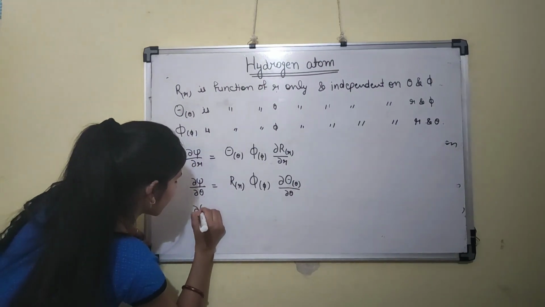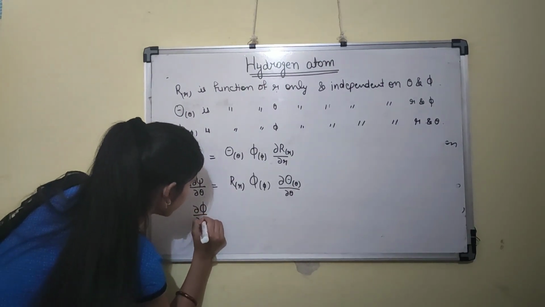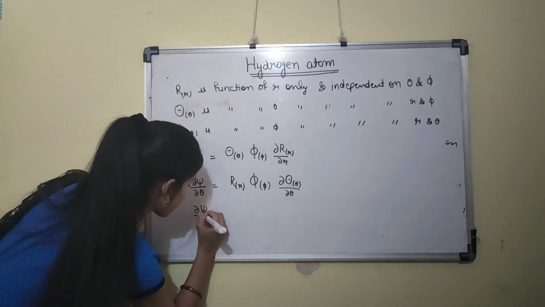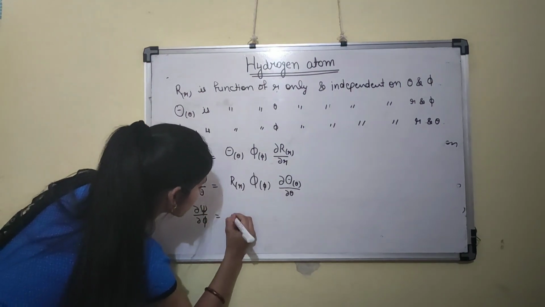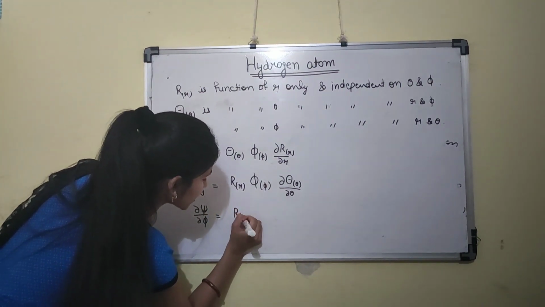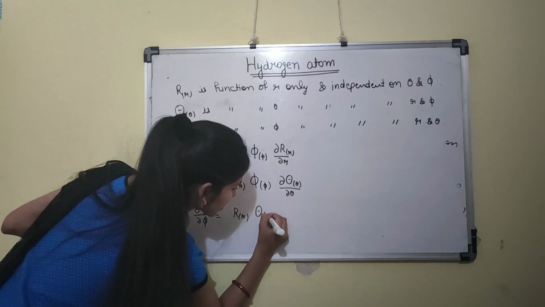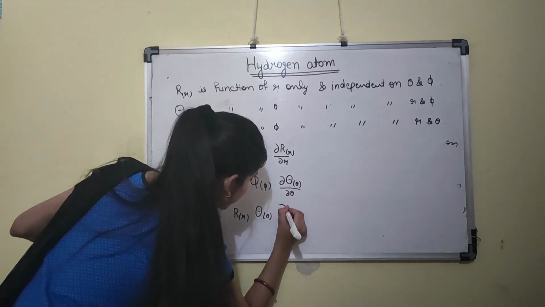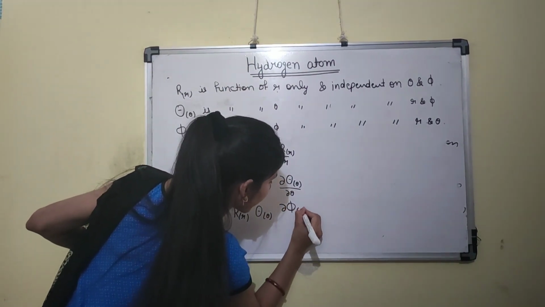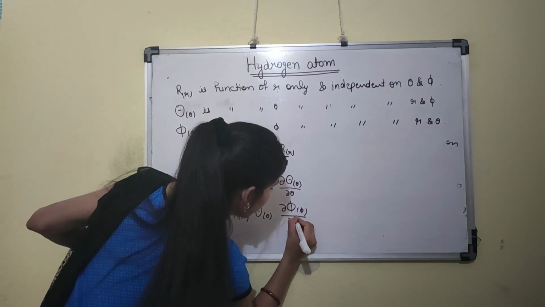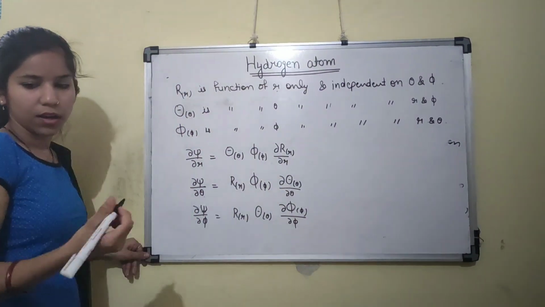Now del psi by del phi, where r will remain the same and theta will remain the same, and del Phi divided by del phi.